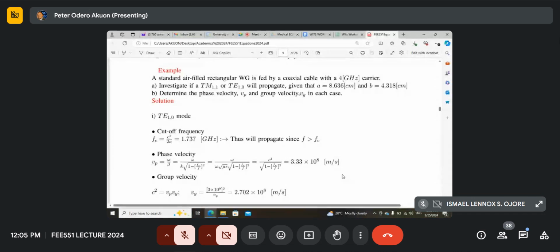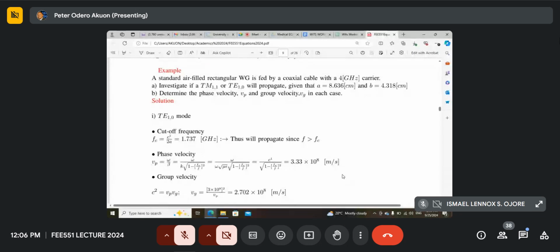Is it going to be higher than the TE10 mode or less? Maybe it's not easy for you to determine by this point until we do another example, but it's fine. So the phase velocity we can see here is frequency dependent.